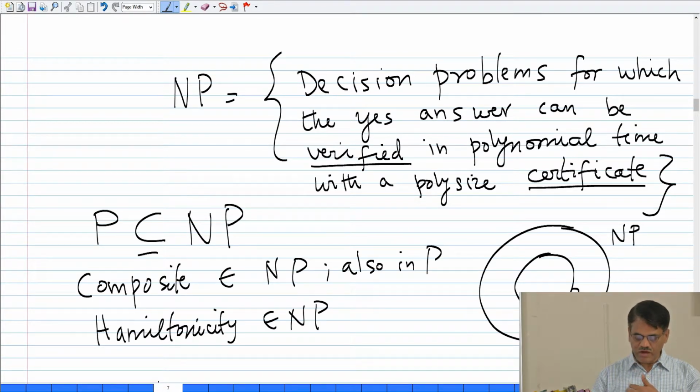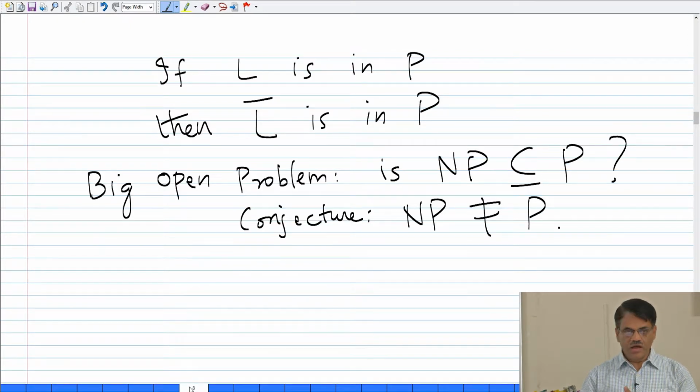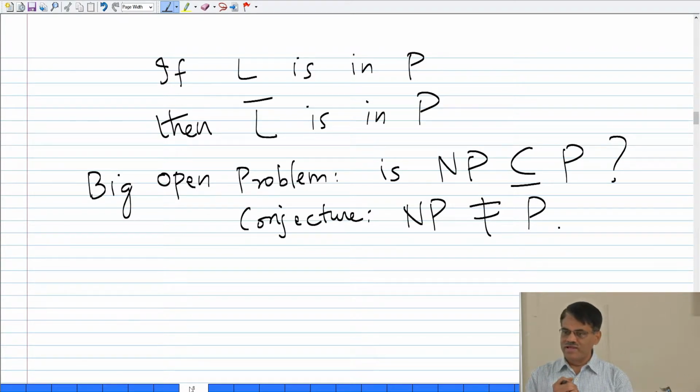But wait, I already told you this, right. Hamiltonicity problem, is the graph Hamiltonian, has an easy verification algorithm and it does not have a polynomial time algorithm. So, is that not an example to prove that you have a problem in NP which is not in P? So, why is this a conjecture then? You can't prove that there exists no polynomial. Very good. We do not know that there is no polynomial time algorithm, right.